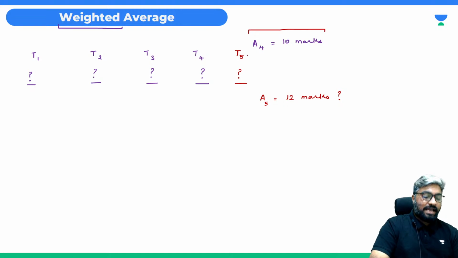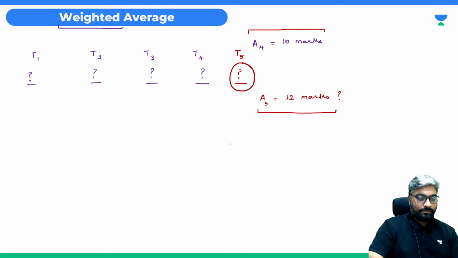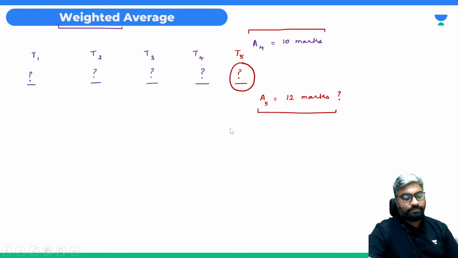Then you give a 5th test. 5वां टेस्ट आप देते हो, उसमें आपका स्कोर क्या होना चाहिए? What should be your score such that your overall average becomes 12 marks? This is the question. Can anybody tell me? What should be our... Okay, Keshav says 20. Others? केशव बोल रहे 20. Anyone else?